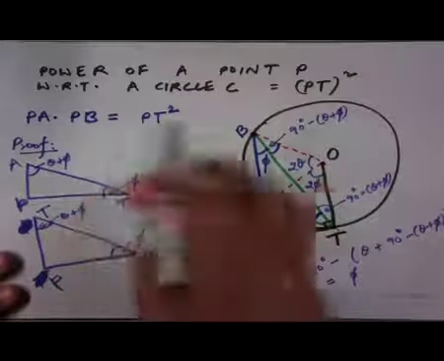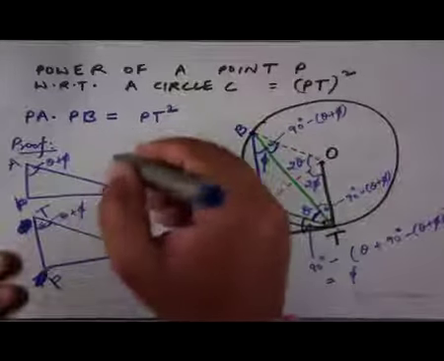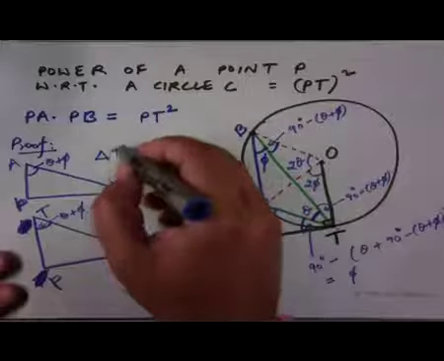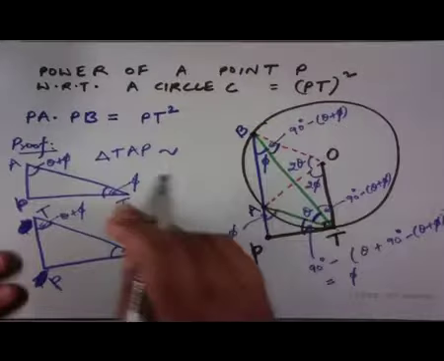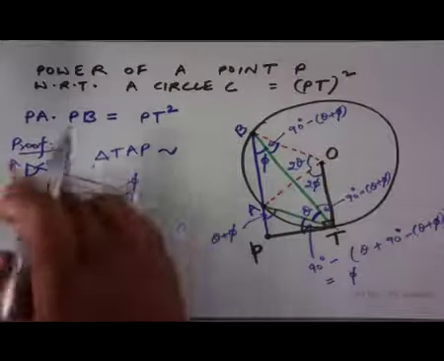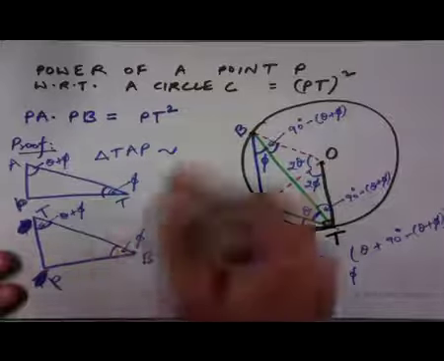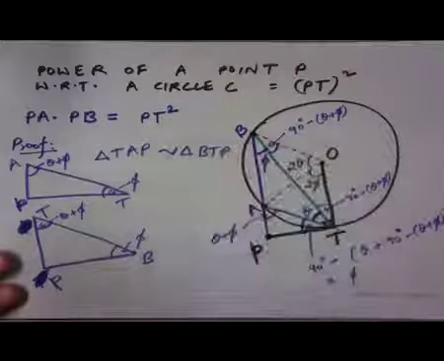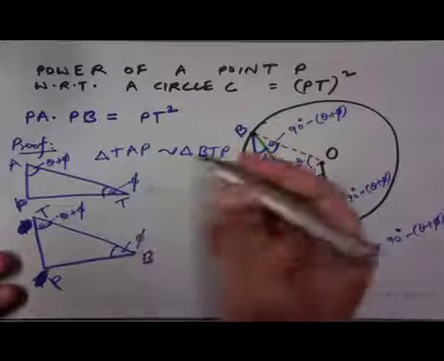So, just by looking at these two triangles, we can say that triangle TAP is similar to triangle BTP, because all the three angles of these two triangles are equal.